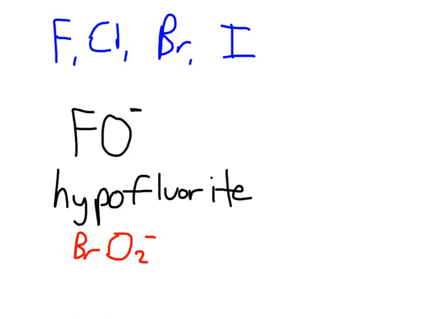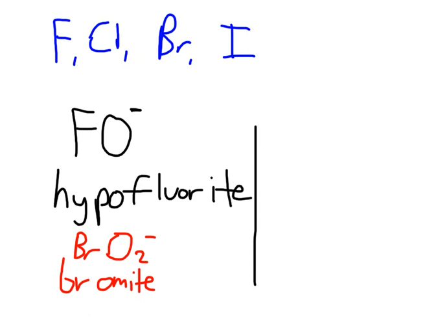All of these have that charge. Then you drop the hypo. It's just, in this case, bromite. If it was fluorine, it would be fluorite. Chlorine, chlorite, iodine, iodite.